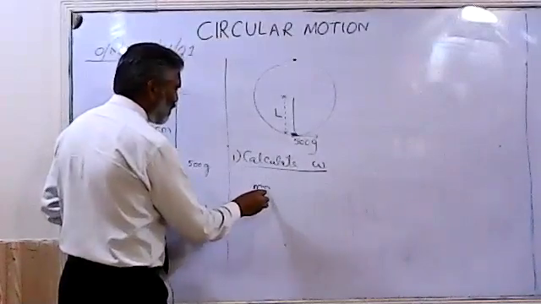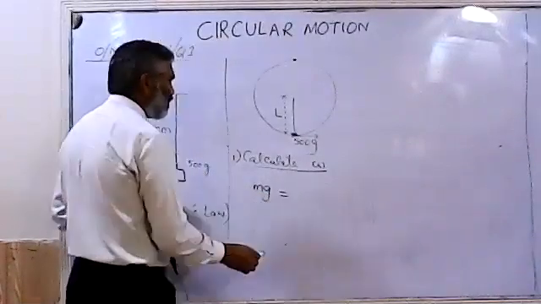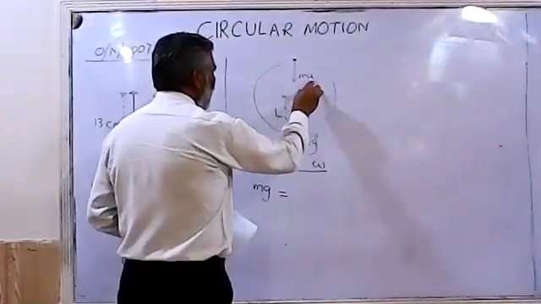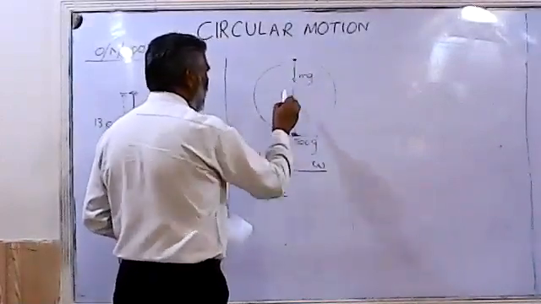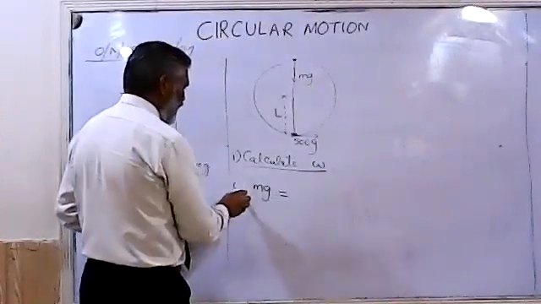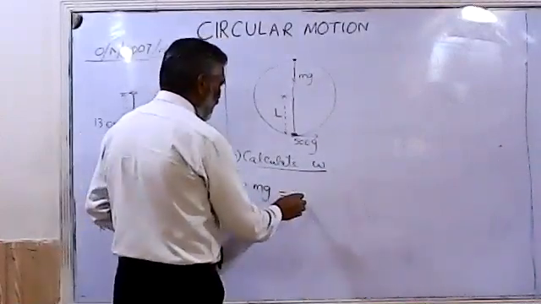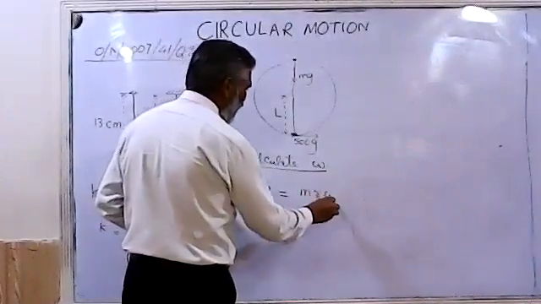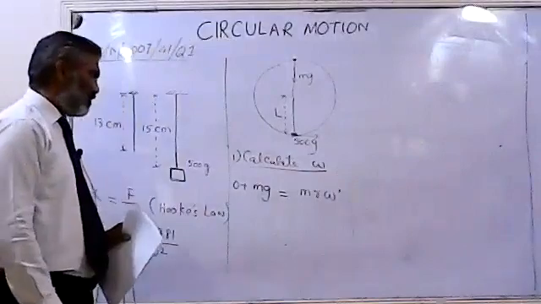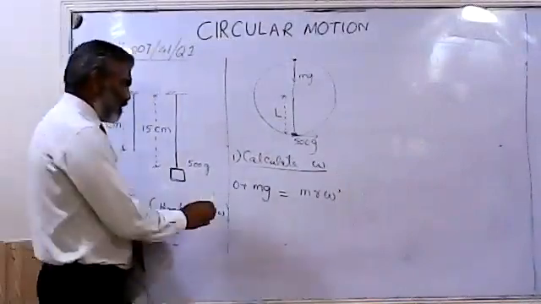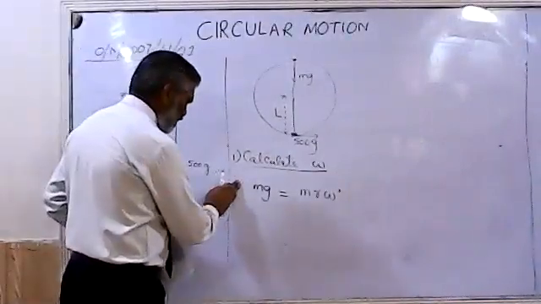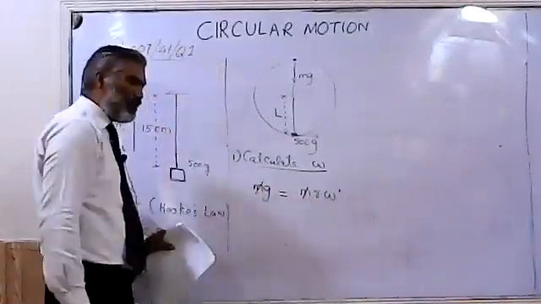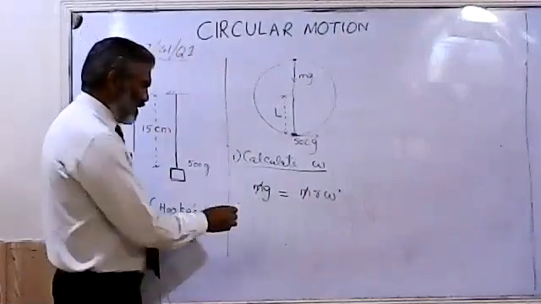mg equal to, because mg will be acting vertically downward with no tension acting along this, so taken 0, and this m r omega square. Since this is 0, we ignore it. The mass will get cancelled here, no need to write the value of mass.